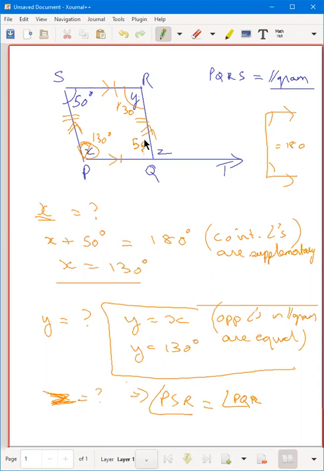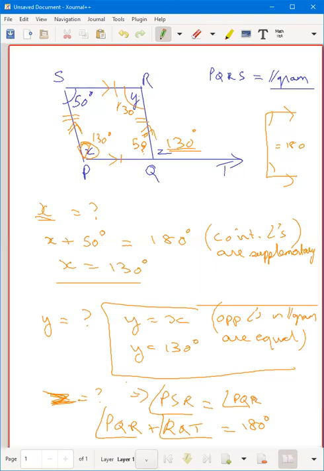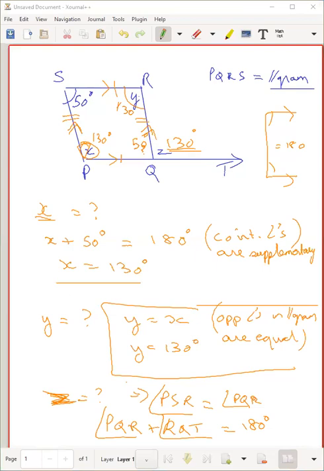No, I cannot hear you, Krishna. And we know that angle PQR plus angle RQT is equal to 180 degrees. So therefore, this will also become 130 degrees. Correct? So just have to remember the properties of the quadrilaterals, the properties of all the different types of quadrilaterals.